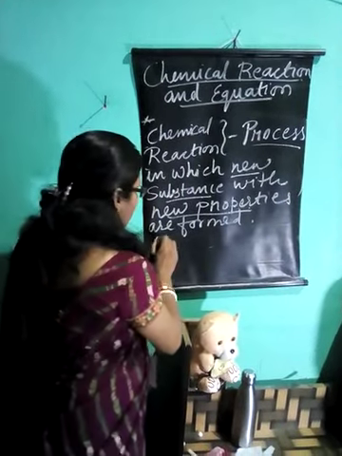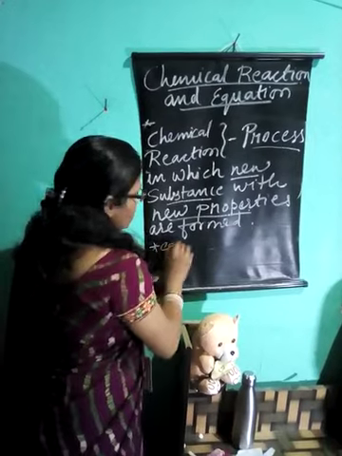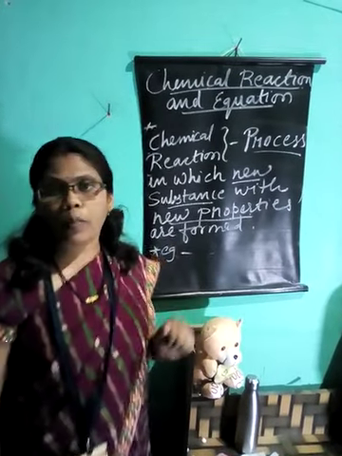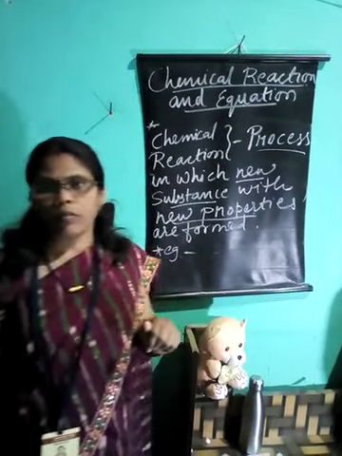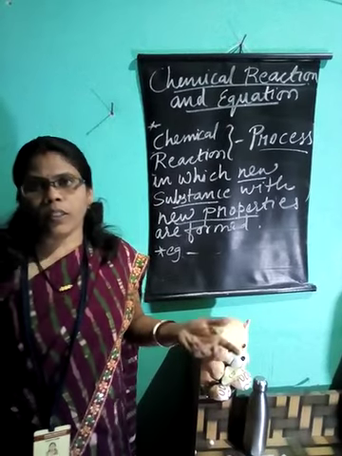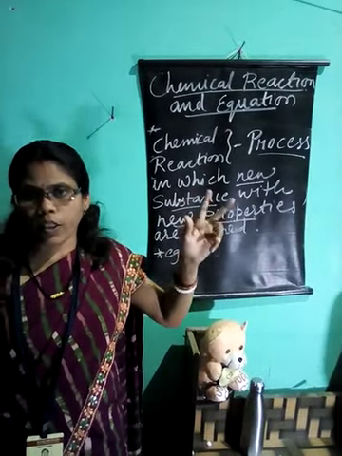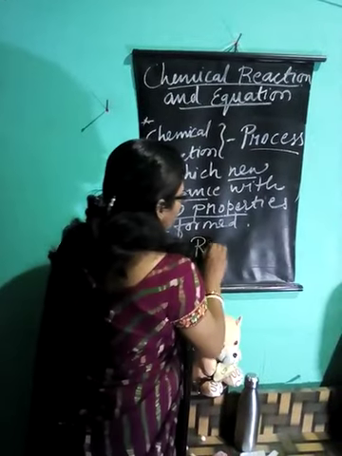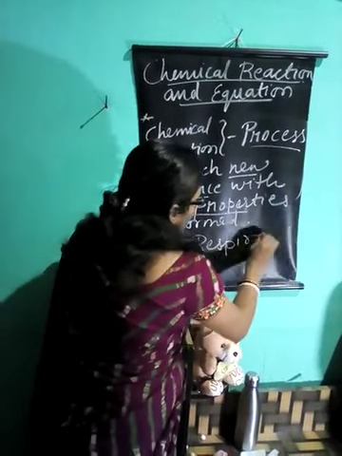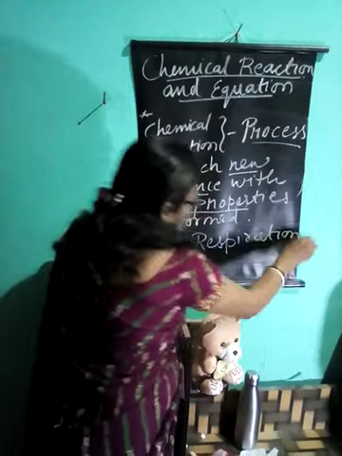Now, can you tell me some day-to-day life examples of chemical reaction? We also are performing it. Yes, you have heard about breathing and respiration. Respiration is a day-to-day life example of chemical reaction.